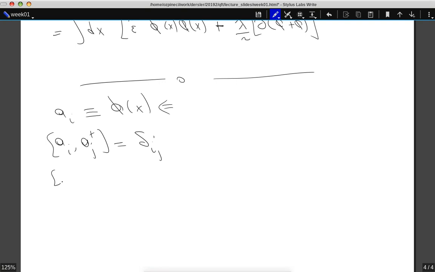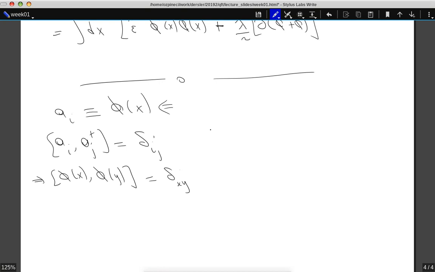If I make this identification over here, then this just means that phi x, phi y is Kronecker delta, no, Kronecker delta xy. Well, Kronecker delta itself is meaningless for continuous variables. So we cannot really do this identification.